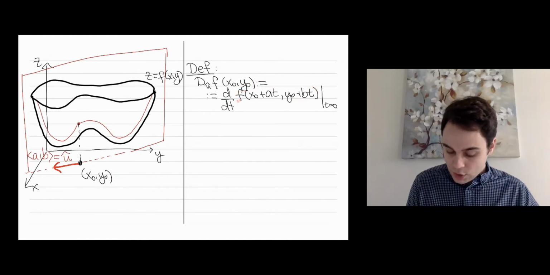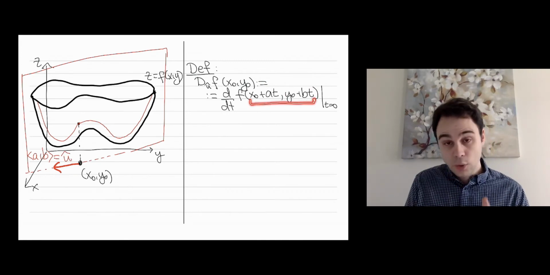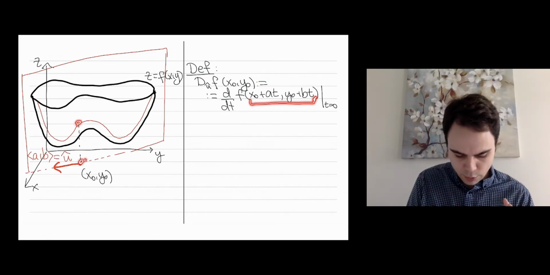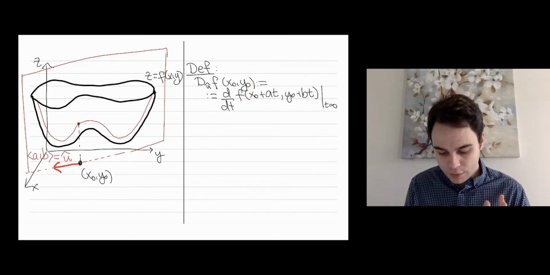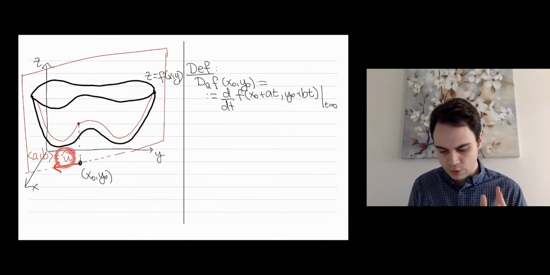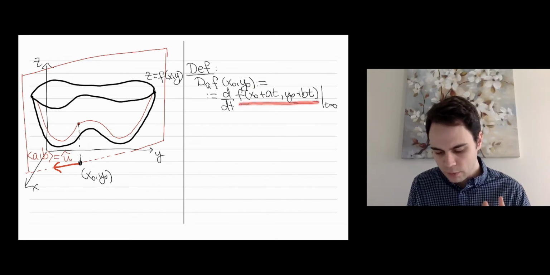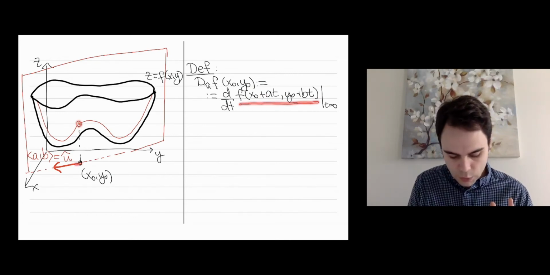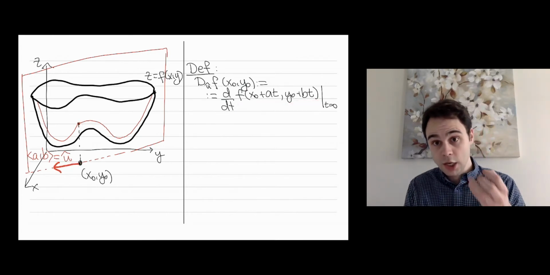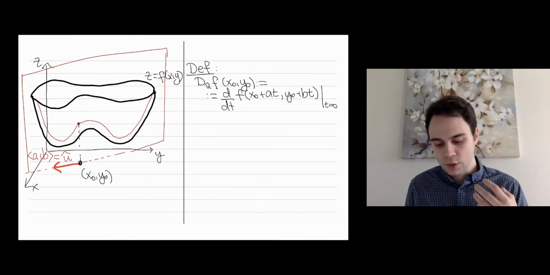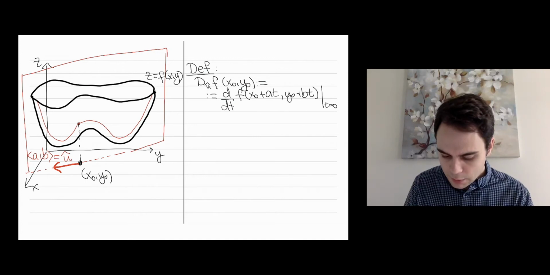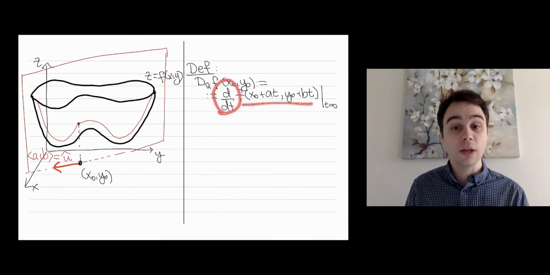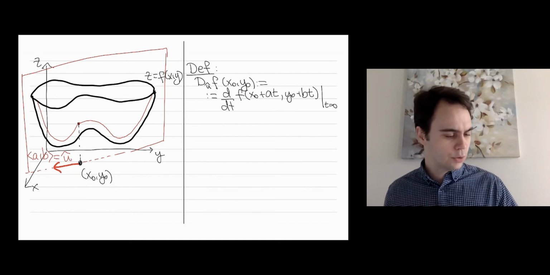When t is 0, I get the point x0, y0 inside, so I'm just seeing f of this point. When t is increasing, I'm moving away from x0, y0 with speed a, b, that is, with velocity u. I'm looking at values of f while the input of f is moving away from x0, y0 with velocity u. Then I'm seeing what the rate of change of f is when I do that. So that's our definition of directional derivative.